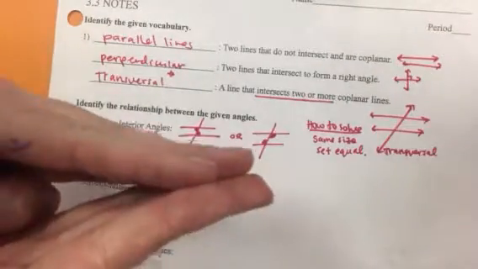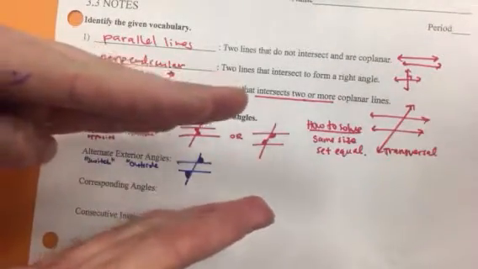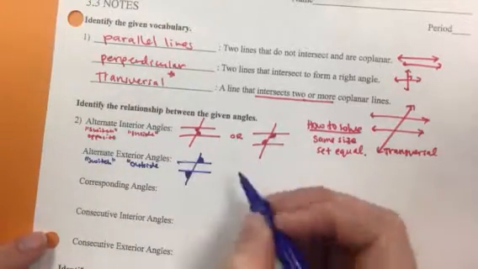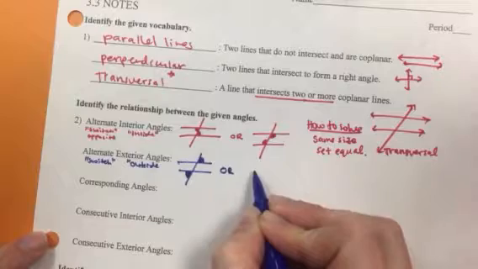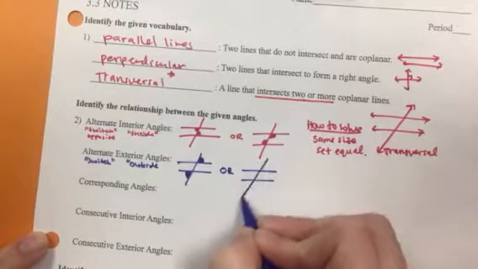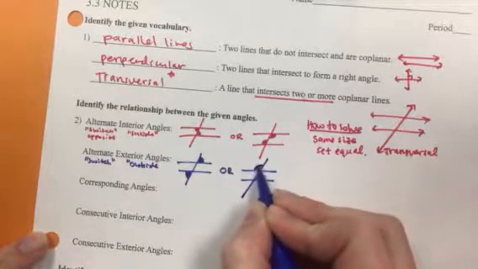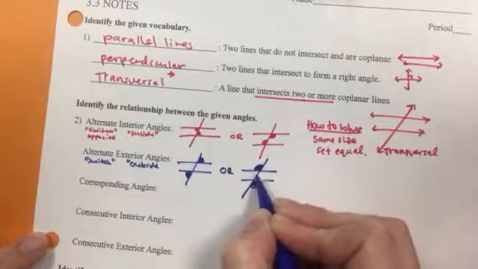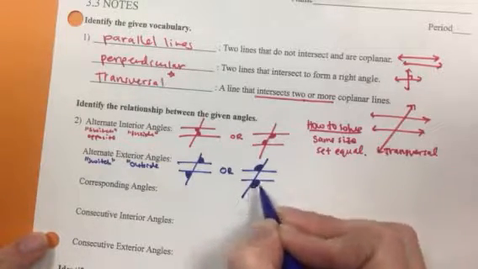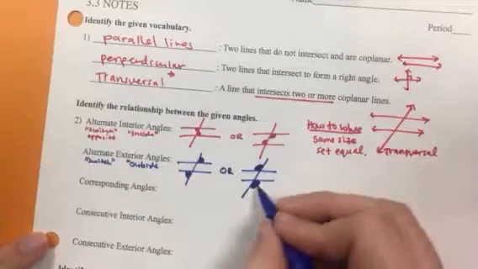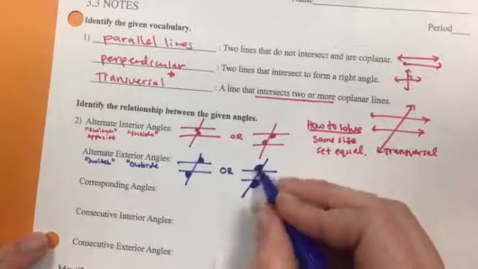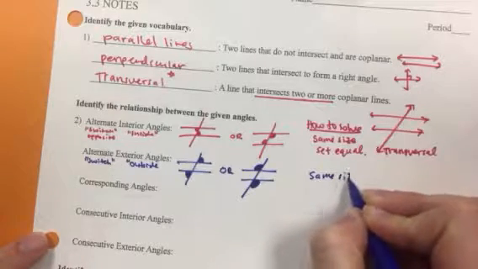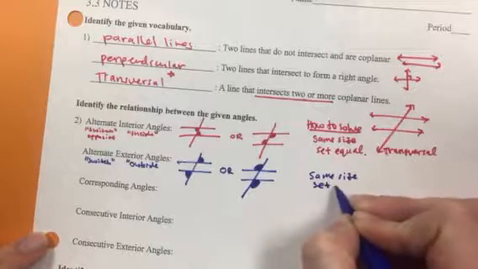So they are outside the parallel lines and they are alternating. In our other case where they are exterior alternating, if I had the top right, I'd have to have the bottom left, and top left, I'd have to have the bottom right. To solve these, they're both the bigger angles, they're the same size. So when angles are the same size, we set them equal.